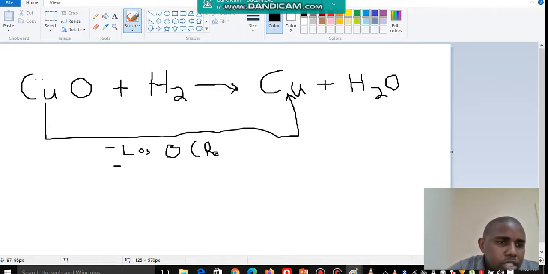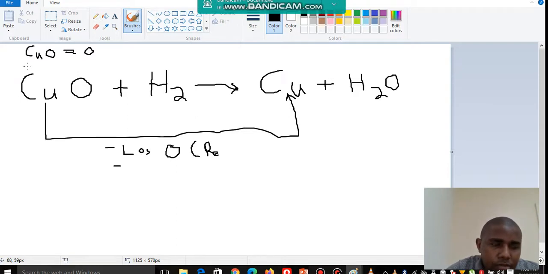So in this case, the oxidation state of the entire compound is always equal to 0. So copper oxide has the oxidation state of 0, but oxygen, we say the combining power of oxygen is -2, which is its oxidation state.